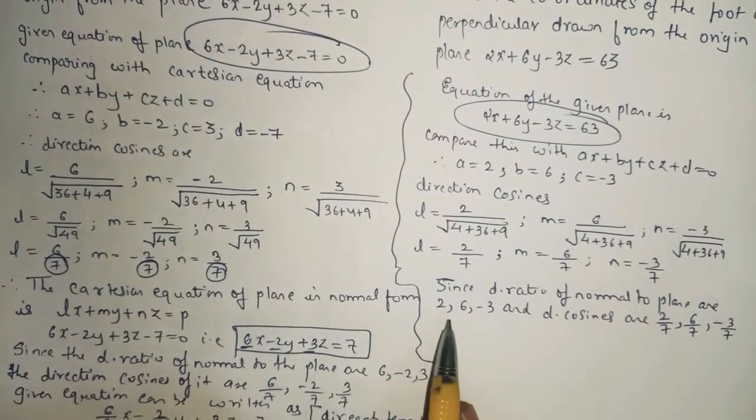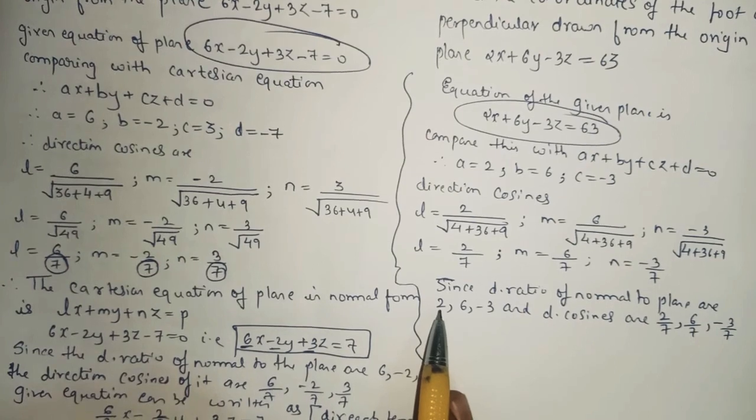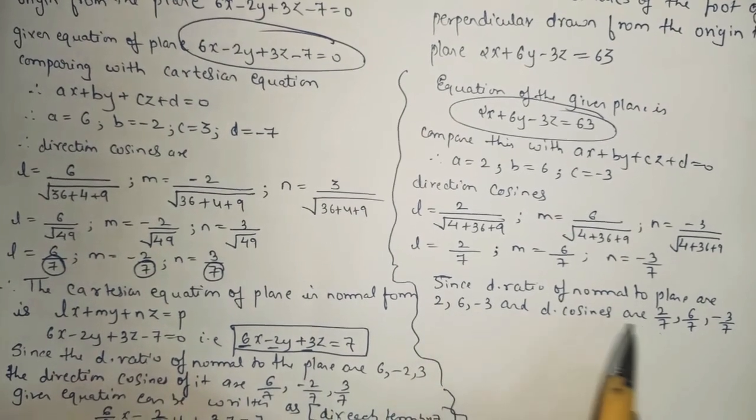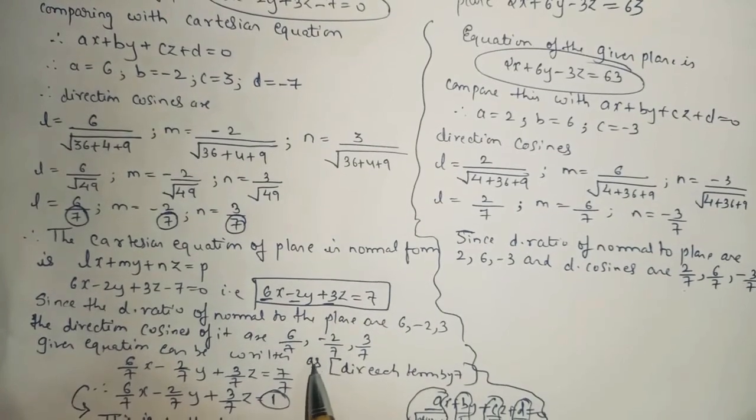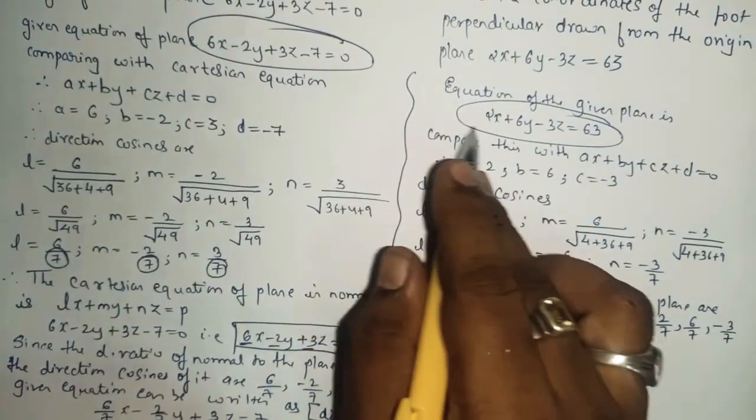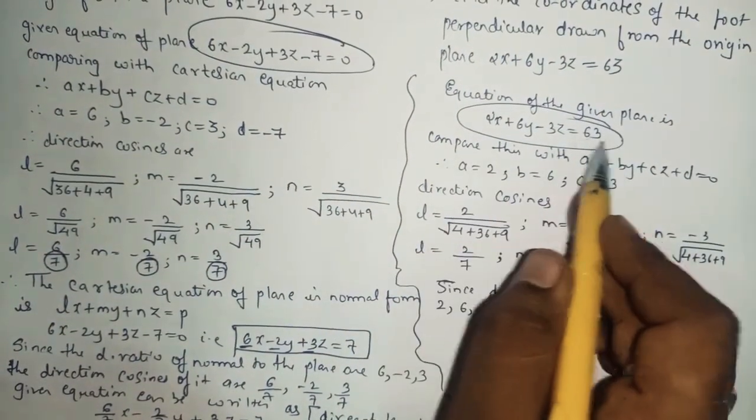So simply clearly we can see that 2 upon 7, 6 upon 7 and minus 3 upon 7 is there as we did in the last previous sum. So simply what you will do, you will divide the given equation with 7.